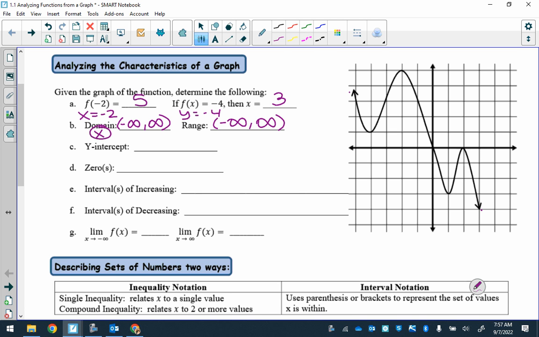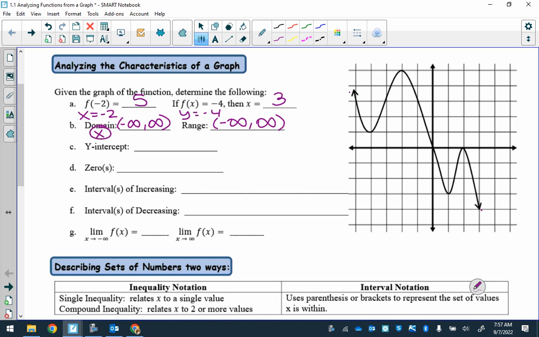What's the basic function you guys have learned for years? Do they look like this? Or like this? Linear, right? It resembles a line, right? We've seen the cubic functions, we've seen quintic not so much, but again, same concept, opposite way.